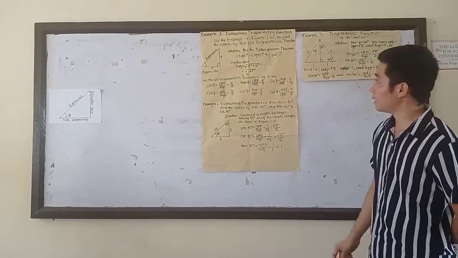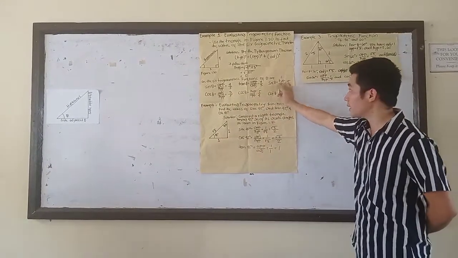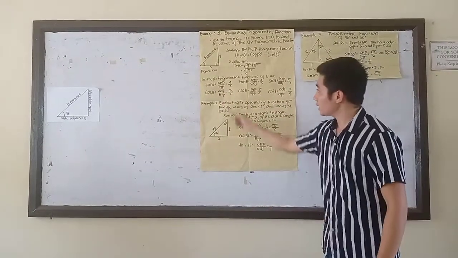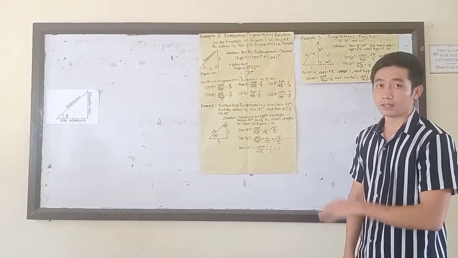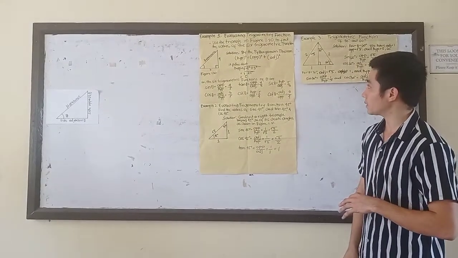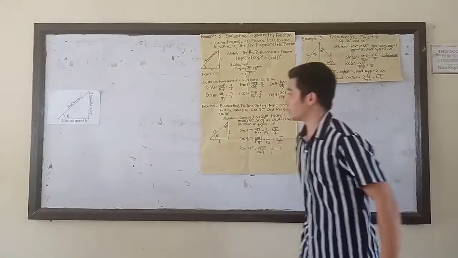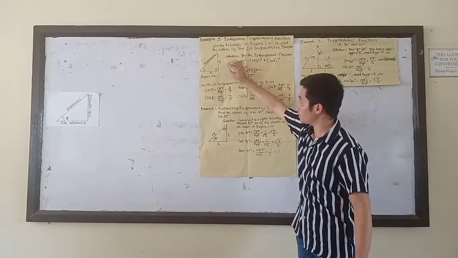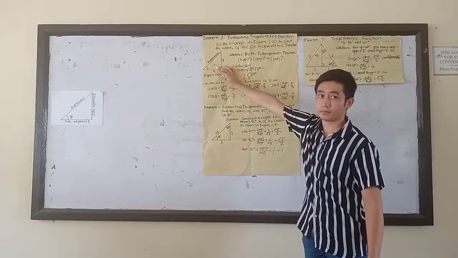So the 6 trigonometric functions of theta are: sine theta equals opposite over hypotenuse, which is 4 over 5.